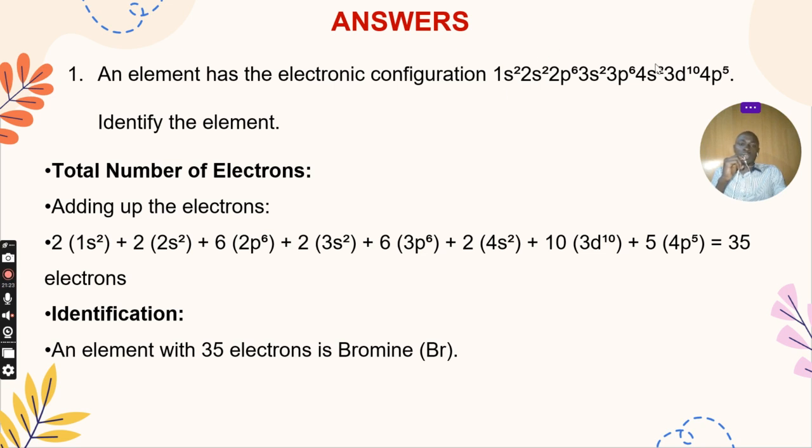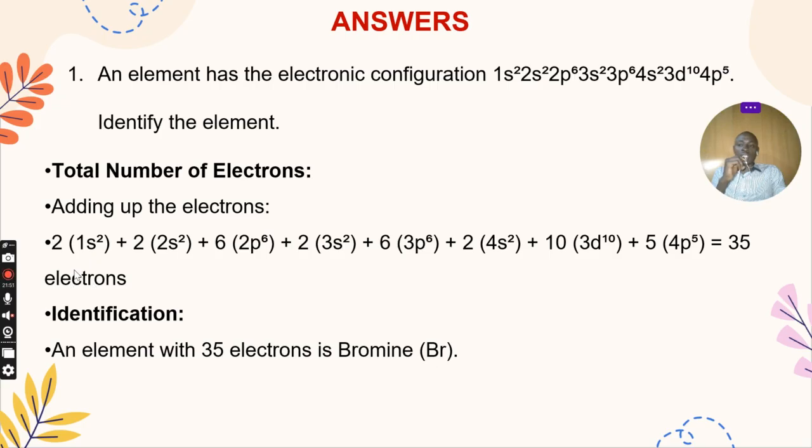So if this element has not lost any electrons, all we need to do is add all the electrons, as that is the number in the superscript, and we'll get the number of electrons. That will tell us the number of protons as well, and that will be used to identify the element. So when we add, we get 35, which means the element occupying the number 35 is bromine.